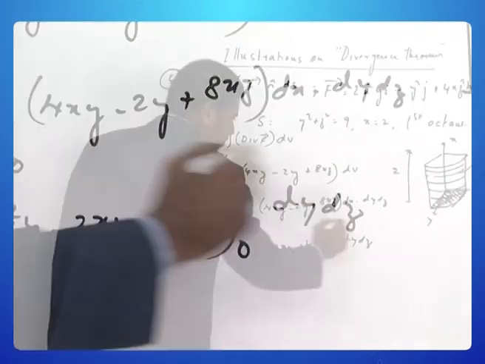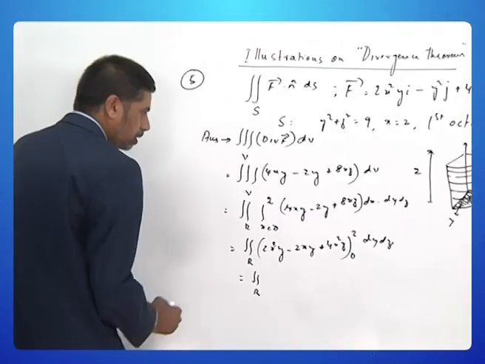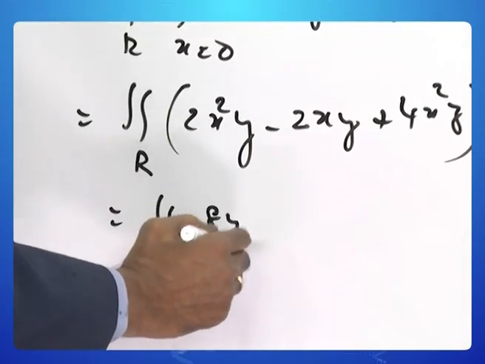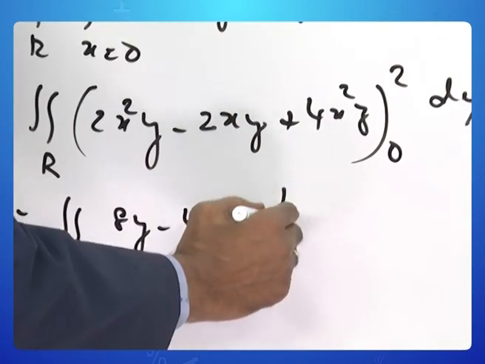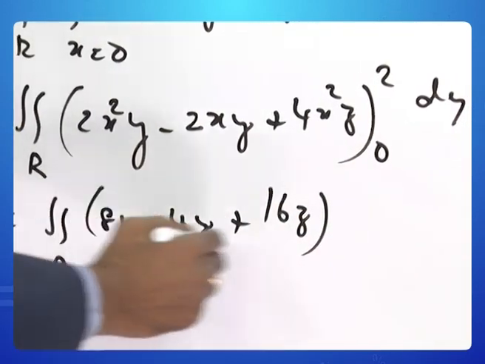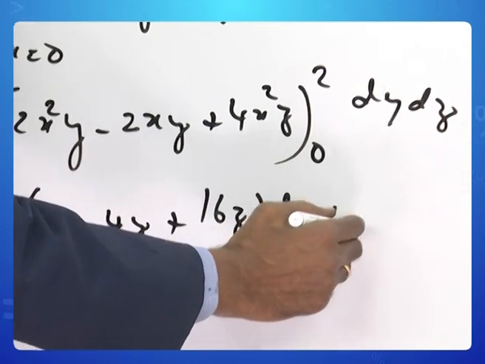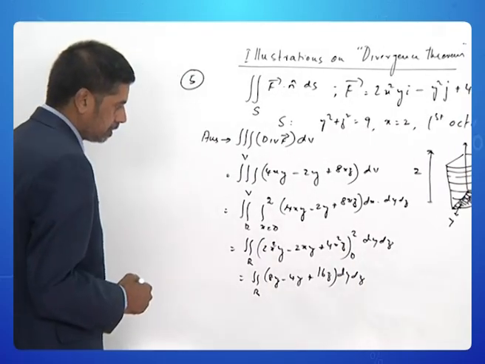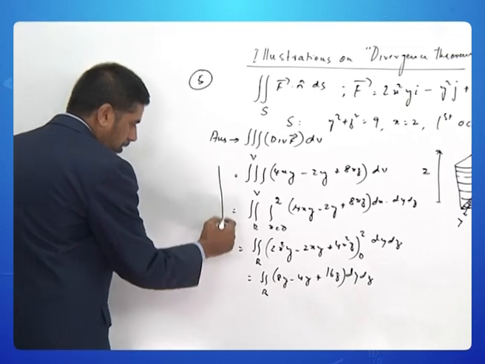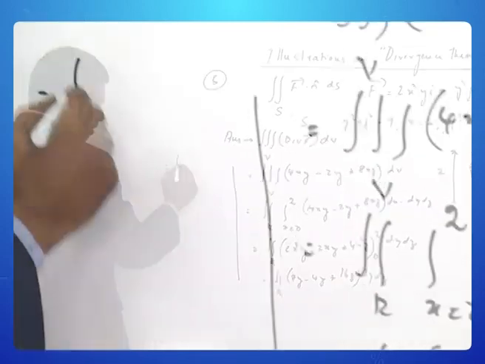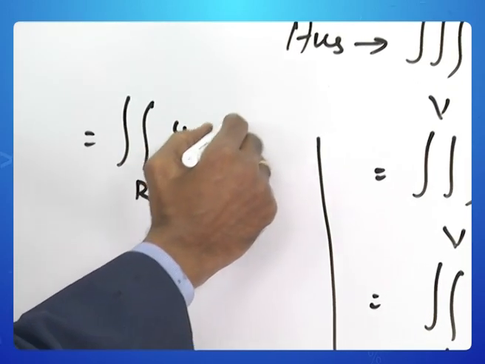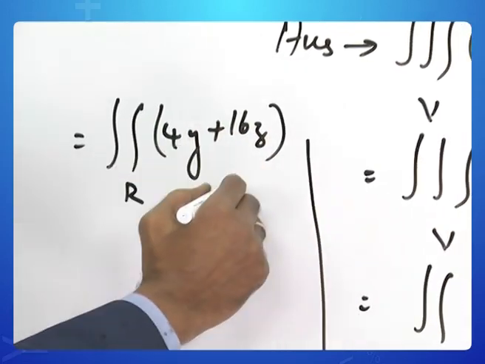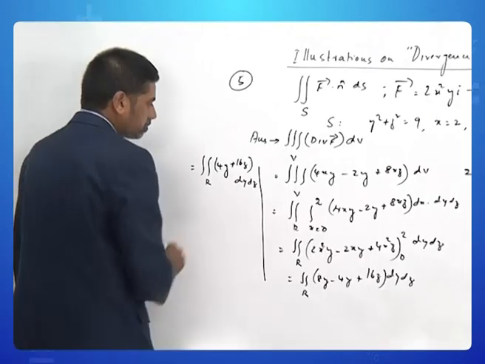So when you apply limits, this will become 8y minus 4y plus 16z dy dz. So let us see how to handle the remaining part. So this will be the double integral of 4y plus 16z dy dz.